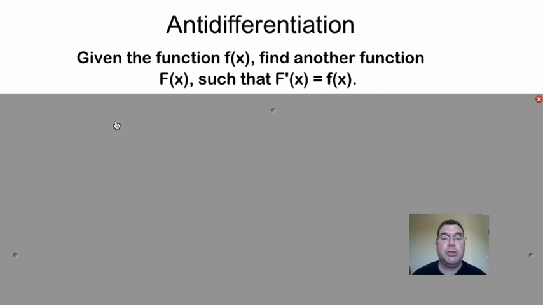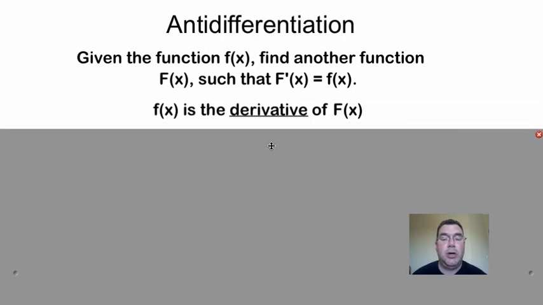So basically what we're saying is if we have a function f of x, that's what you're going to be given, but you need to find the function capital F of x so that when you take the derivative of capital F of x, you get the function little f of x that you were given in the first place. So instead of being given a function and asked to find the derivative, you're being given the derivative and asked to find the function that actually has that derivative.